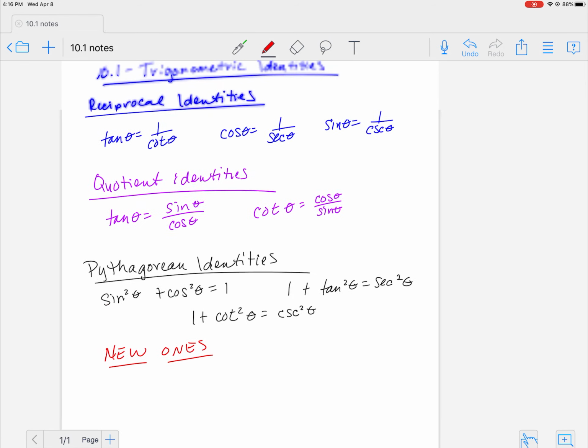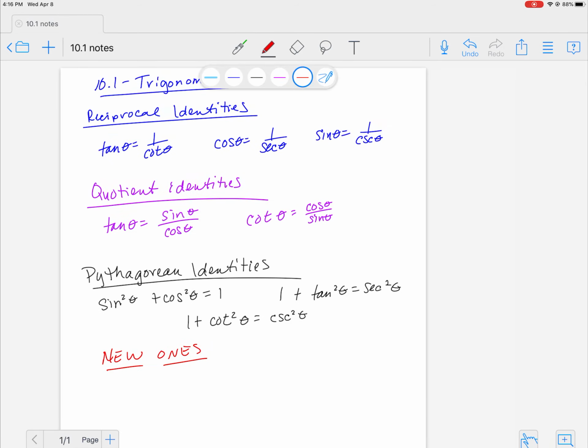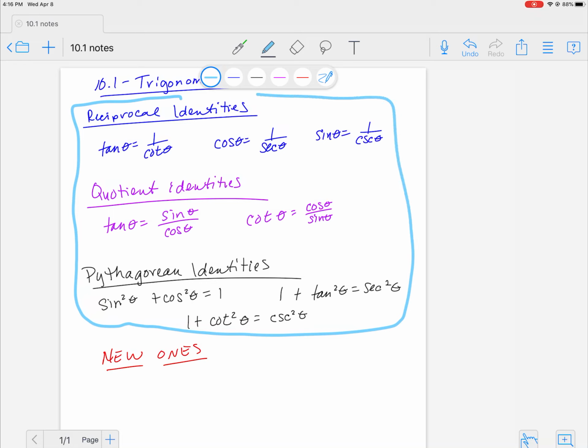All right. Now here's what's new. Those are ones that you already know, and we're digging on those. Let's say this. These up here, if you haven't already, you need to memorize those.